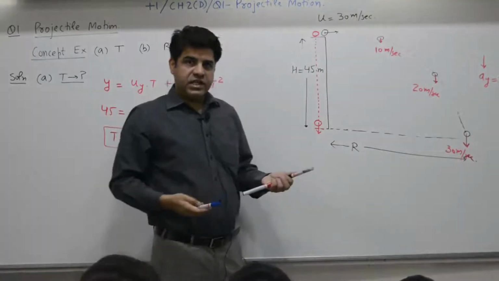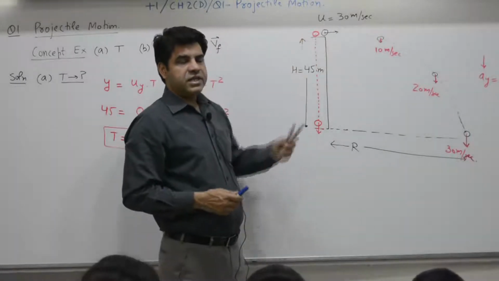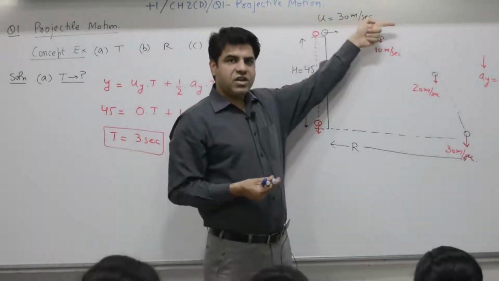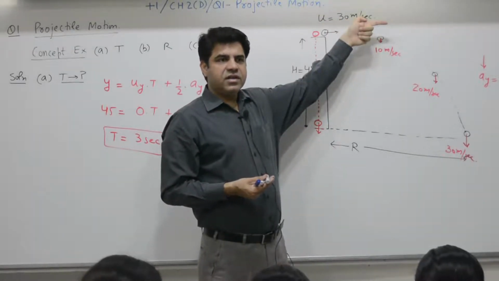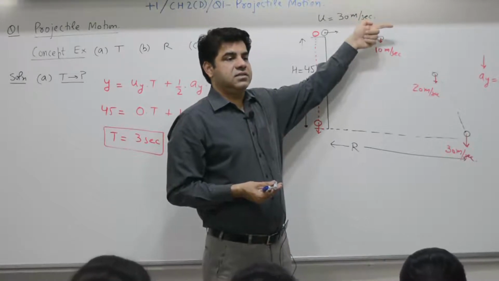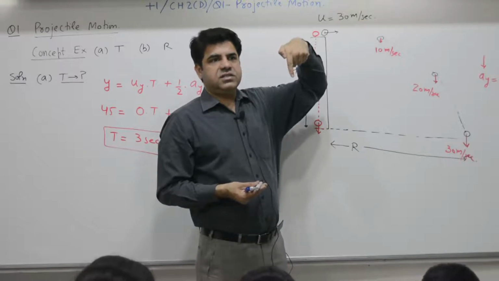What about horizontal? Yes, anyone? 30. After 1 second, horizontal, there is no acceleration along x-axis. Acceleration due to gravity is only along y-axis.